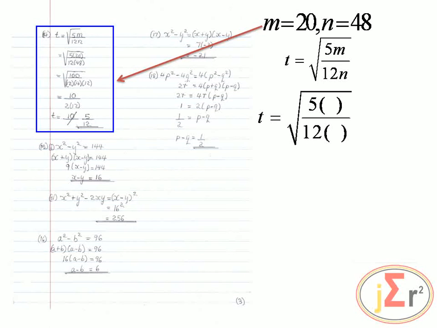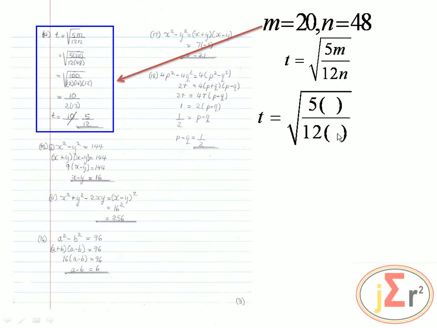Here we have the template written, and we have right here and here pairs of brackets that are empty, representing the variable m and the variable n.